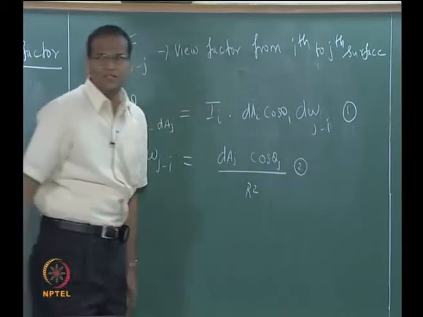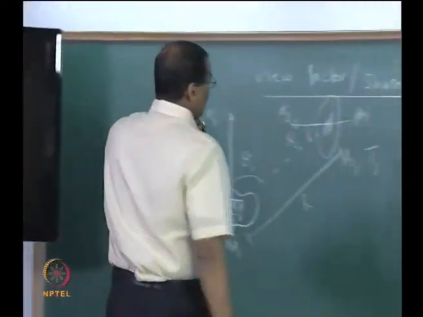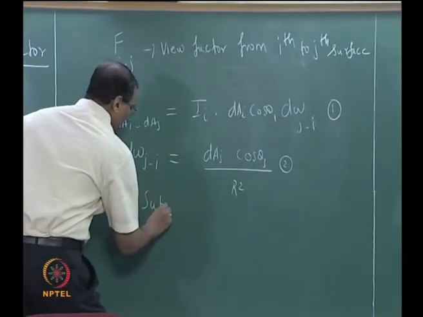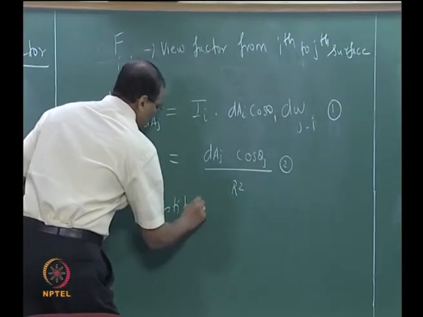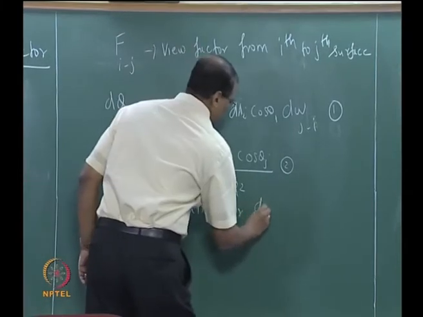Is everybody through with this? Now you can substitute for d omega ji in equation 1. I have not evaluated the fraction yet; I am just writing the dq first, so I am getting the numerator in the definition.